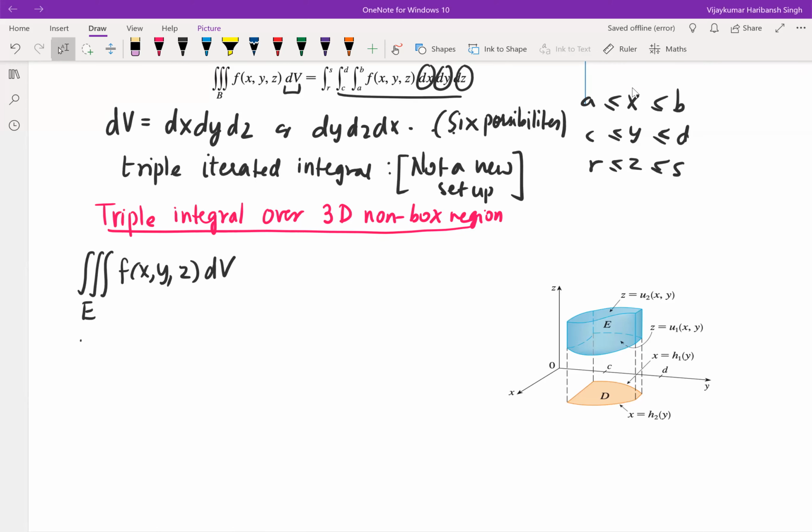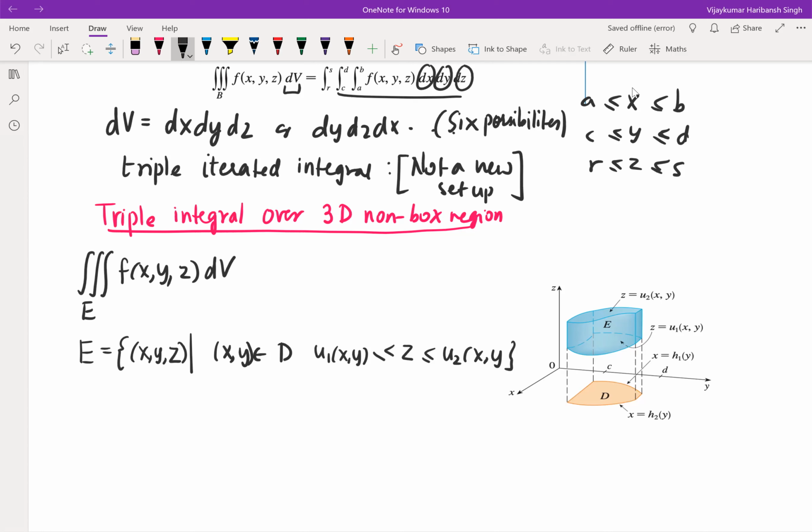The way E is described here for us is E is the set of (x, y, z) where z is between u1(x, y) to u2(x, y), and then we have (x, y) belonging to region D. This thing is called the footprint, so it's a footprint of your region E in the xy plane.